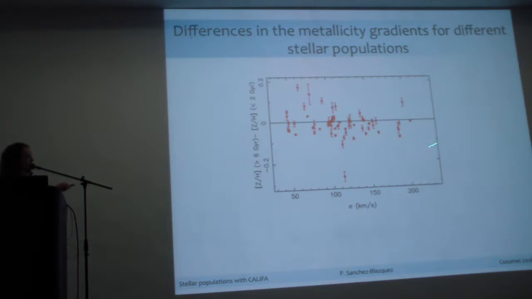And in principle, you may think that there is a trend, so the more massive galaxies systematically have a steeper metallicity gradient in the past, but for the less massive galaxies, maybe you can get both behaviors, no? Steeper or flatter.